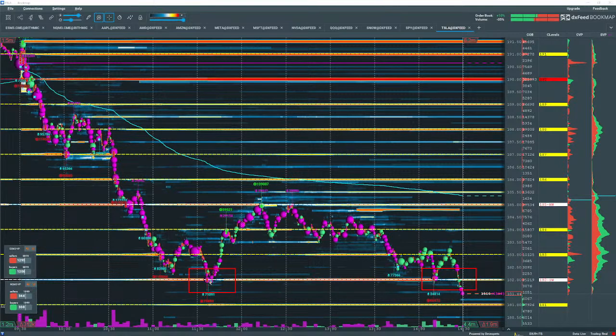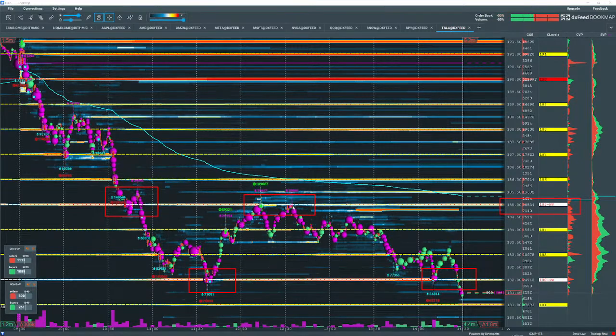So here, just after 11:30, it acted as support, and now price is moving lower. And note the 185 hedge wall acted as resistance. So it was a target this morning. Price consolidated at that level for just a few minutes, then moved down to the put wall, and then price found resistance at the 185 hedge wall, and now moved back down to the 182 put wall and is currently moving lower.